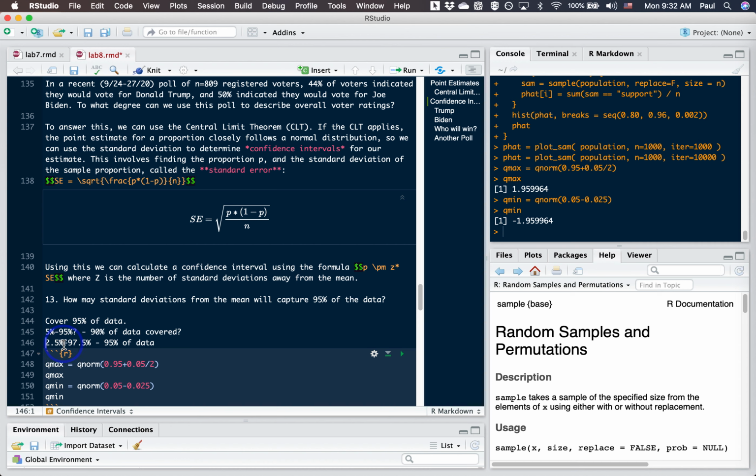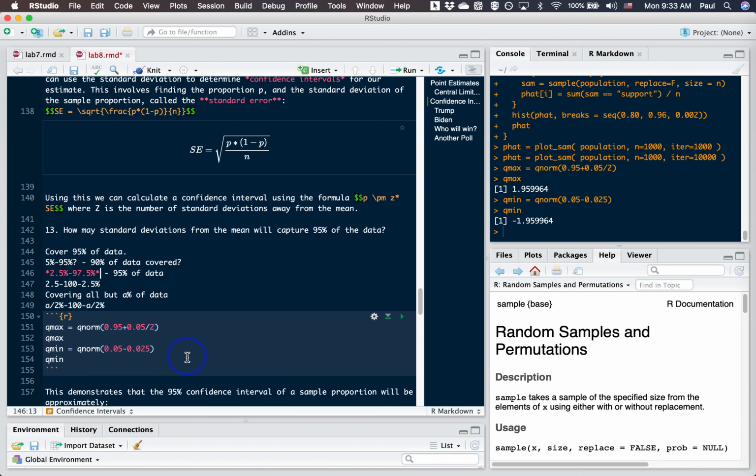For wanting to cover all but 5% of the data, we divide that 5 into 2 and go from 2.5 to 100 minus 2.5. This is just a general formula: if we want to cover all but a percent of the data, we go from a over 2% to 100 minus a over 2%. And that's how we got the value we want.